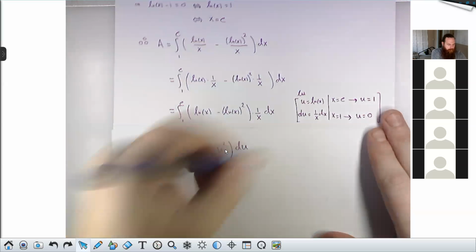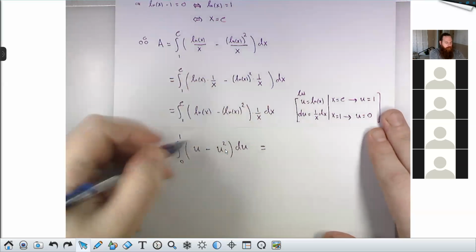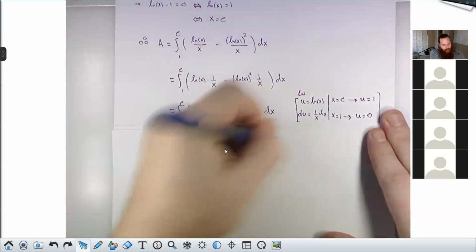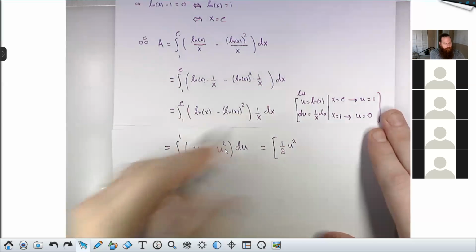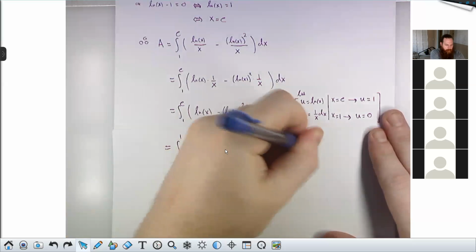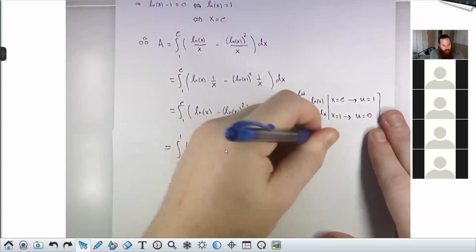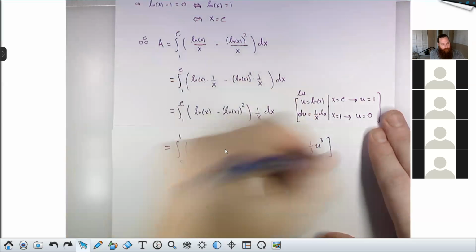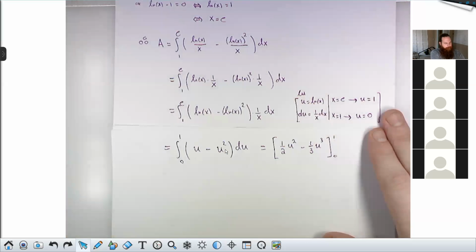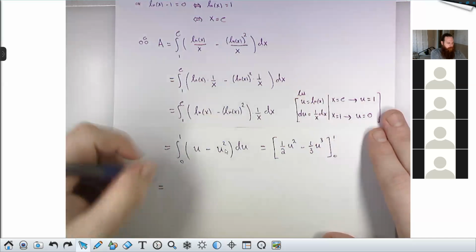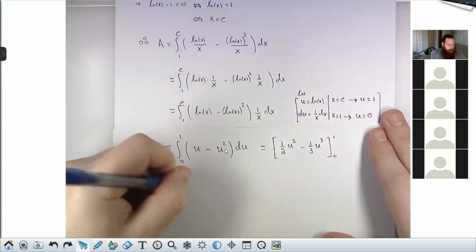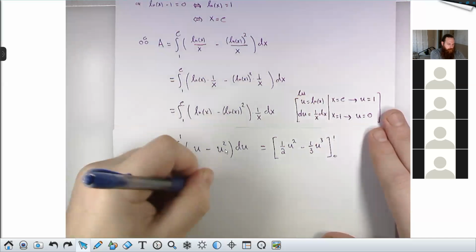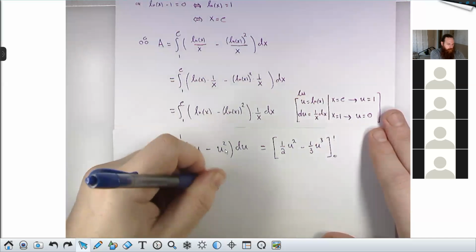That's super easy. An antiderivative for u is 1/2 u squared. An antiderivative for u squared is 1/3 u cubed. And I evaluate between 0 and 1. So then plugging in the upper bound, 1, I get 1/2 times 1 squared minus 1/3 times 1 cubed.